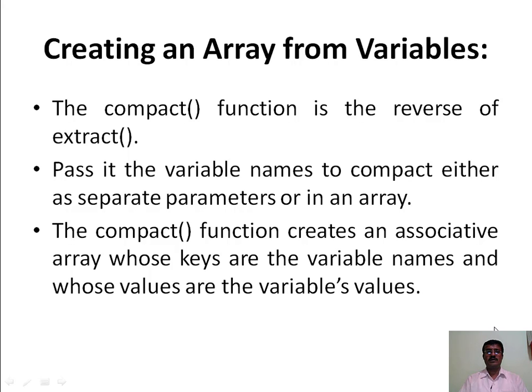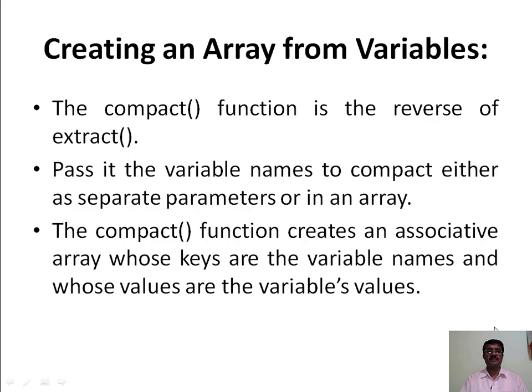Creating an array from variables. In PHP, it is possible to convert individual variables into an associative array. That can be achieved with the help of the compact function. The compact function is the reverse of extract. It works quite opposite to your extract function.